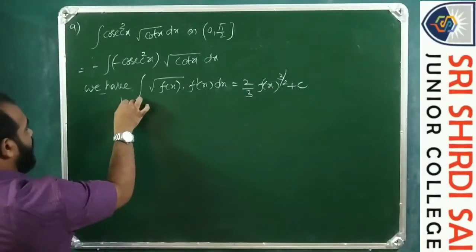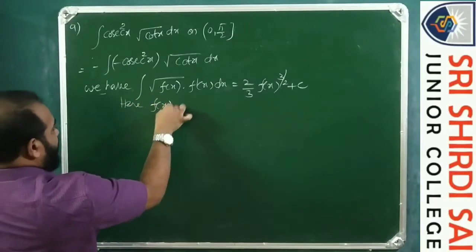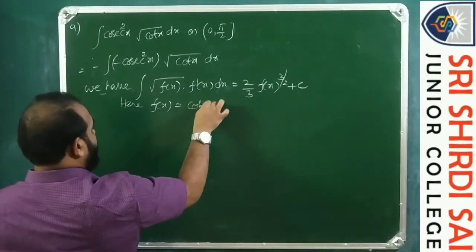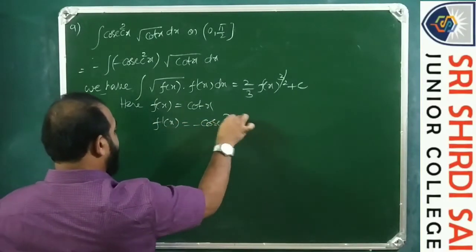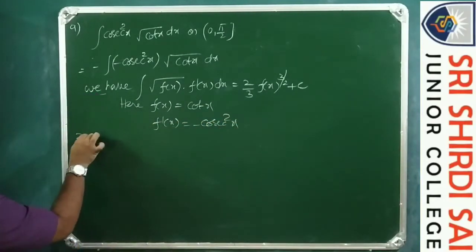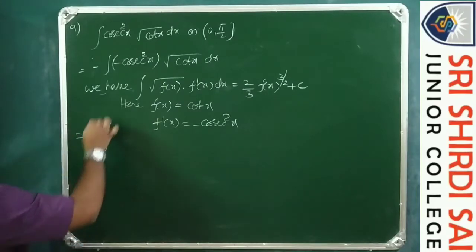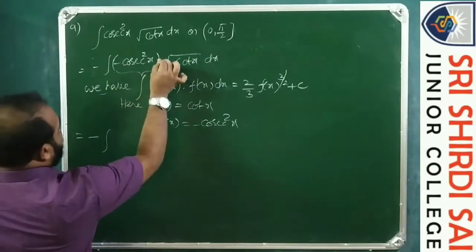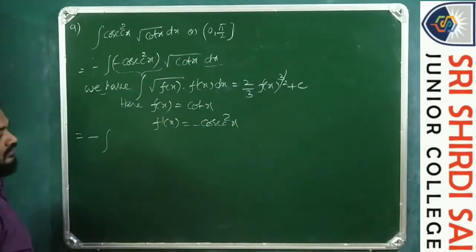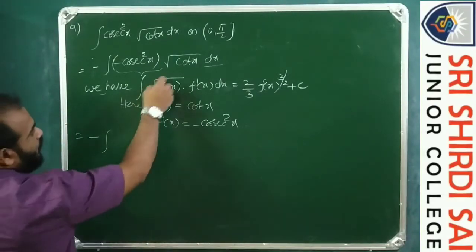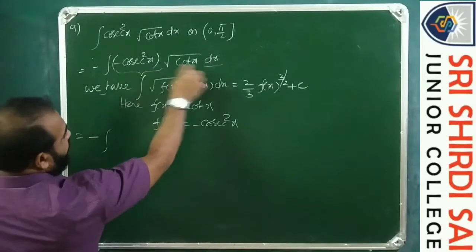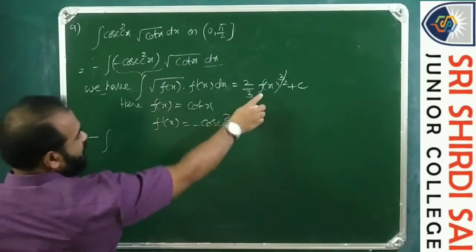Here f of x is equal to cot x, f dash x is equal to minus cosecant square x. So this is minus of integral of minus cosecant square x into root f of x. So this is the formula.